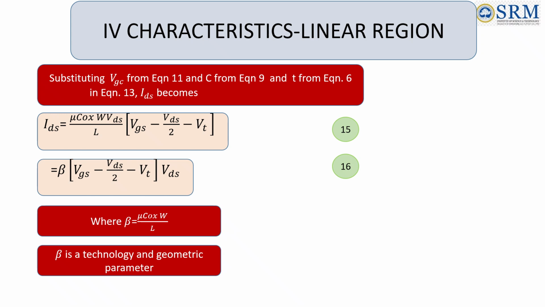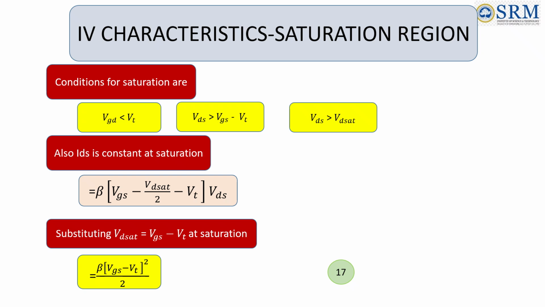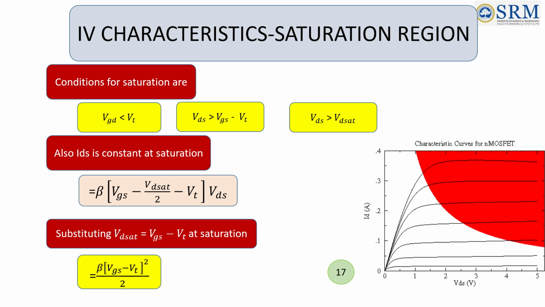Beta should never be confused with the transistor current gain. Here, in the case of MOSFET, beta is a technology and geometric parameter. So we have derived the current equation for the MOSFET in the linear region. That has to be modified for the saturation region. For this, we should substitute the conditions for saturation, which are VGD should be less than VT, VDS should be large, and it should be greater than VGS minus VT, and the MOSFET goes into the saturation when VDS is greater than VD sat.